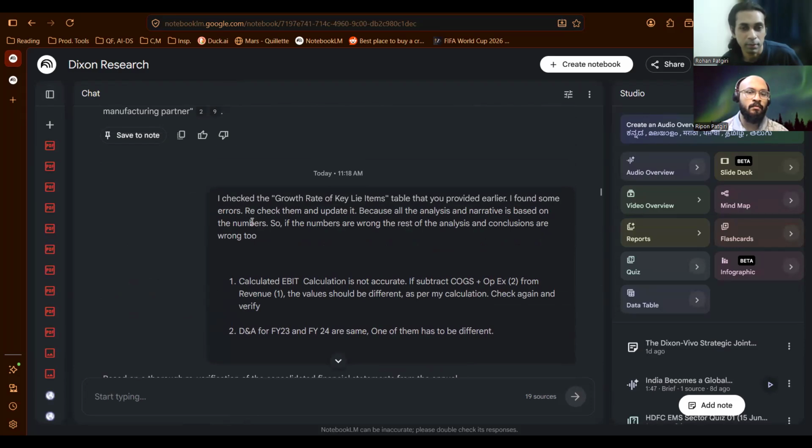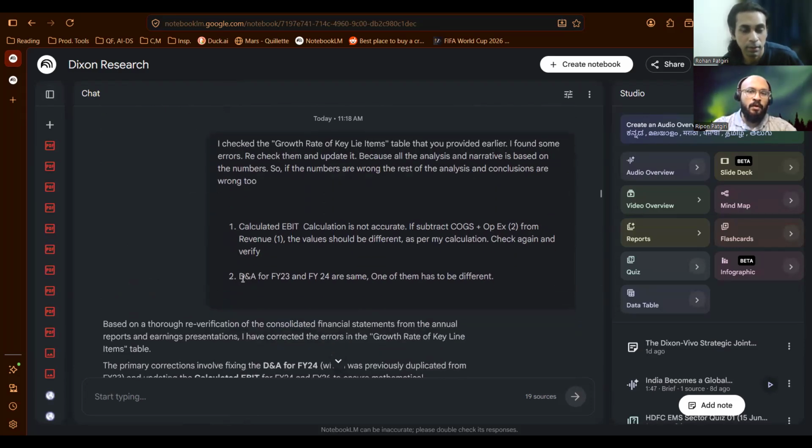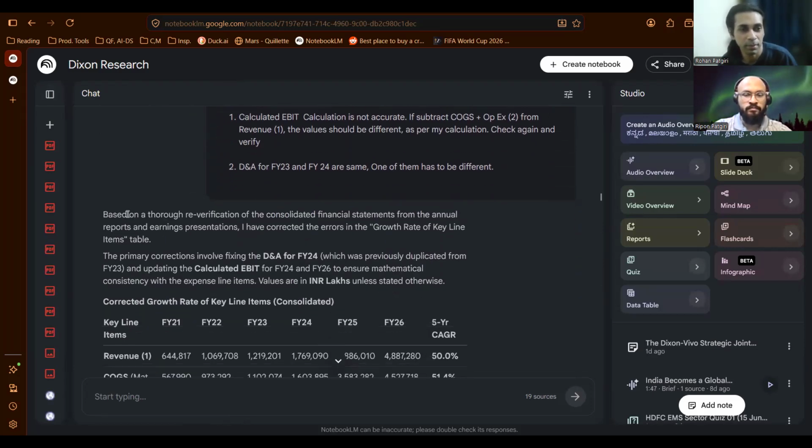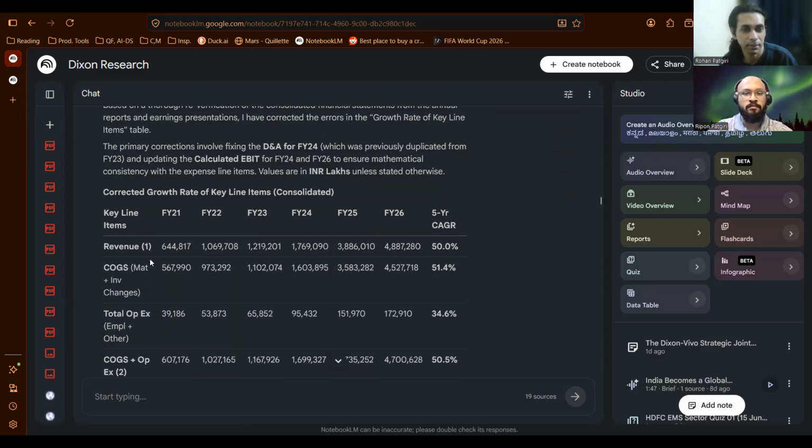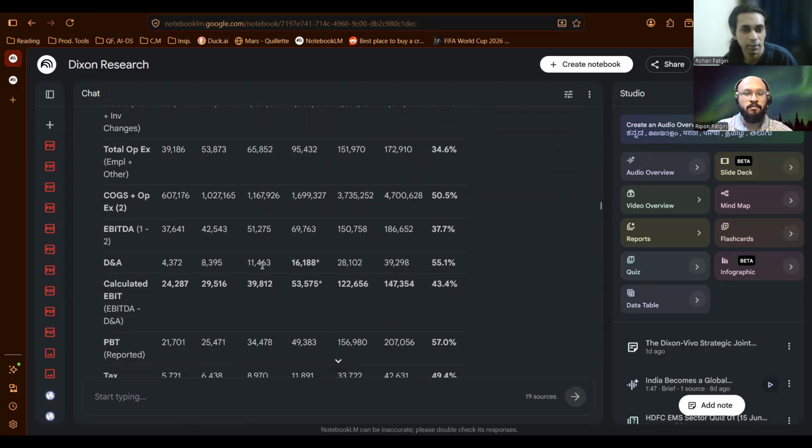I said this one, that DNA for FY23 and FY24 are the same. One of them has to be different. This is one of the errors, and there are other errors as well. So I pointed out these errors. Then it said, based on a thorough verification, I have corrected the errors. So if you look here, this is the error. It was different here. Now it is corrected.